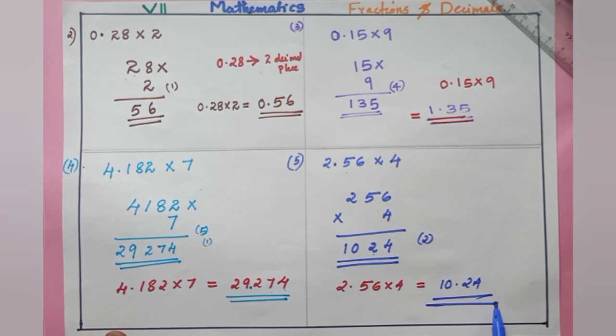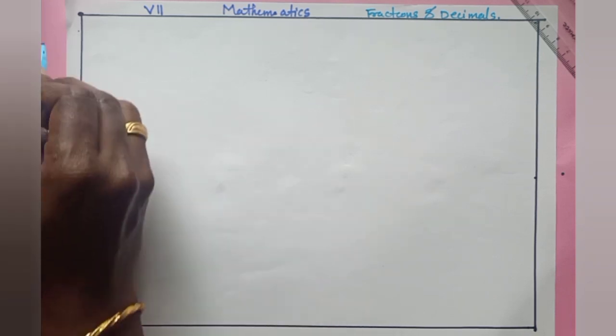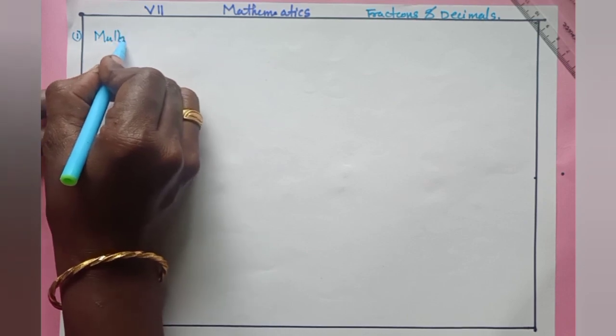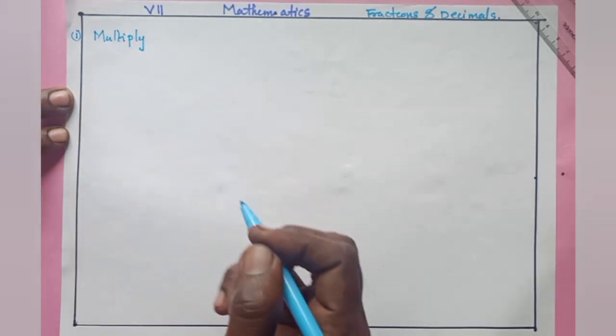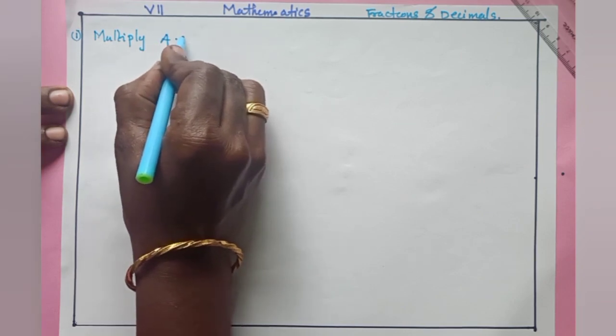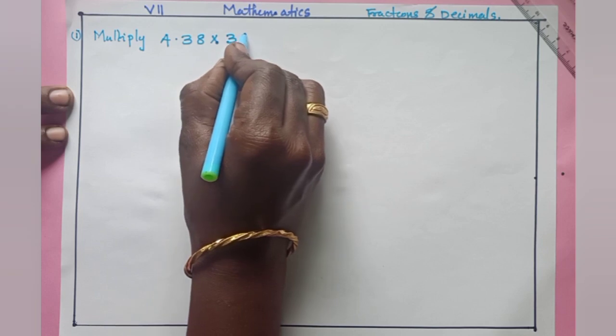Okay, clear? And let us now multiply a decimal with a 2-digit number. So listen to the first question. Multiply 4.38 into 39.